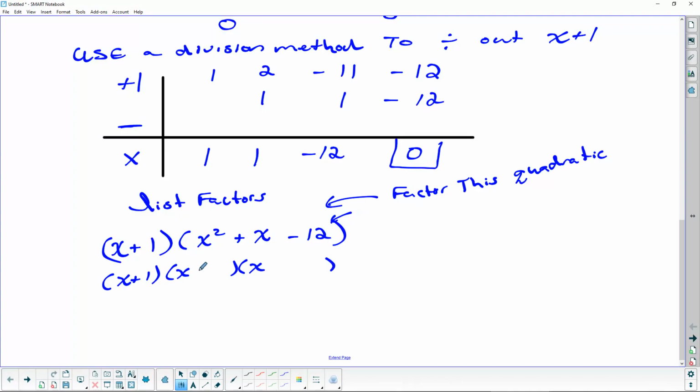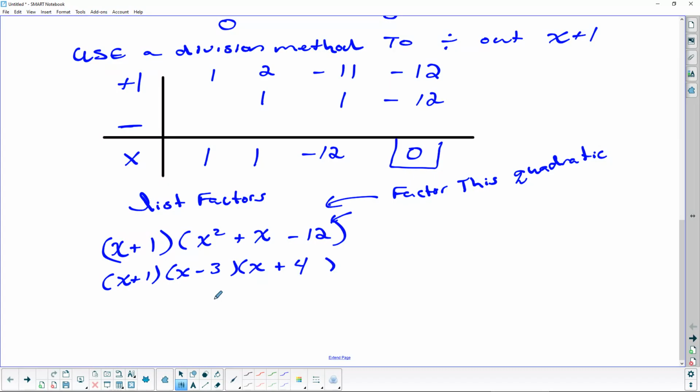We're going to get a negative 3 and a positive 4. That's going to multiply out to a negative 12 and add up to a positive 1. That's our factoring of a quadratic from a couple years back. So there's our three factors, x plus 1, x minus 3, and x plus 4.